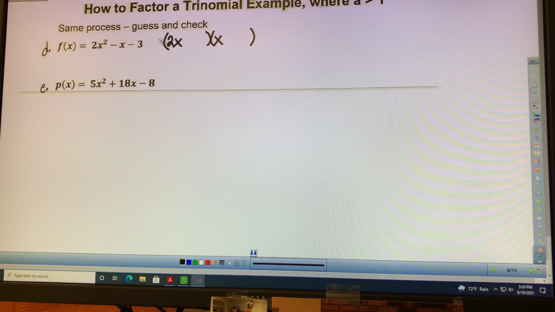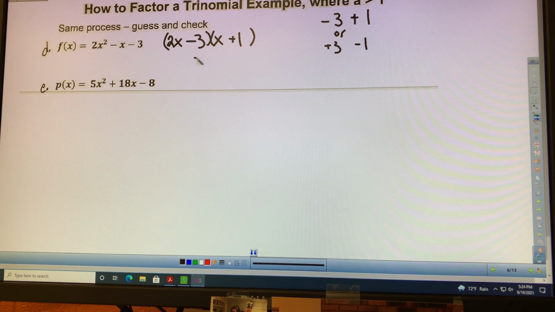You're going to use the same process that you did before, only now you might have a little guess and check to do. The only factors of 3 are 3 and 1, right? So I could have negative 3 and positive 1. Or I could have positive 3 and negative 1.